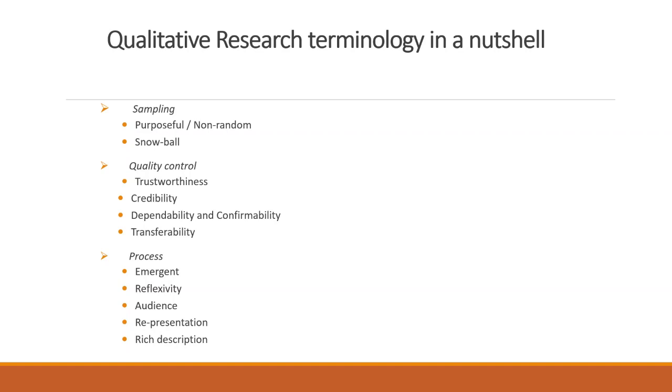And then snowball sampling. And then in terms of quality control, because there is a difference in doing research as a scholar, as an academic, as a student in an academic institution, and just doing research out of curiosity out there in the world. And that is why it's important for us to have quality control, right?